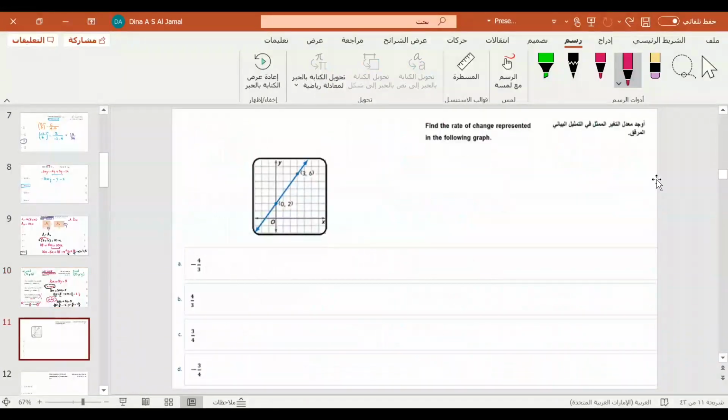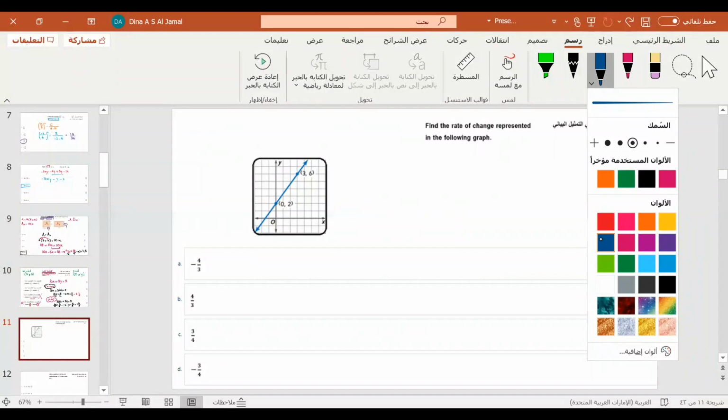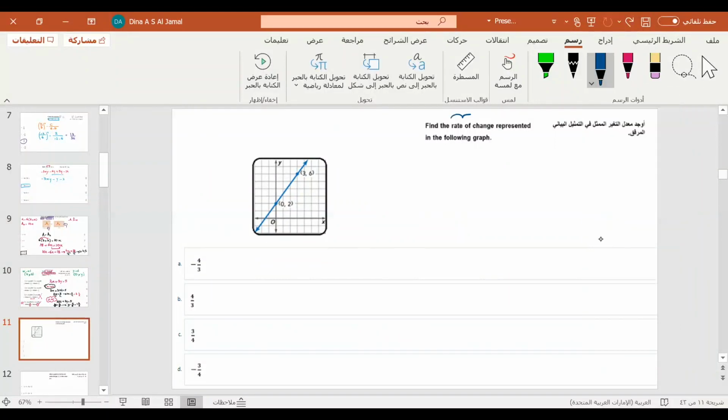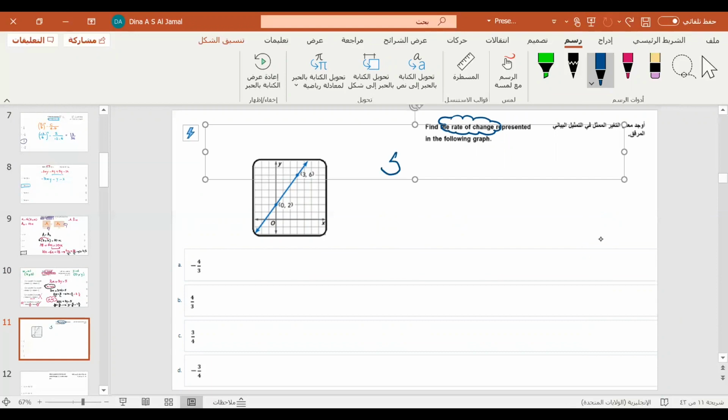Okay, let's see. Find the rate of change. I discussed this many times in my videos. Whenever he asks you about the rate of change, it is the same question as find the slope.